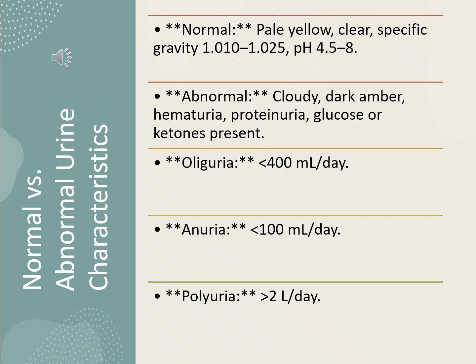With our coloring, our normal color, again, should be pale yellow to clear. If it is a dark amber color, tea-colored, that can usually indicate dehydration or jaundice. We may see red or pink urine, which can be due to blood, hematuria buildup. This can be from stones or different problems like glomerulonephritis, which we'll talk about later.